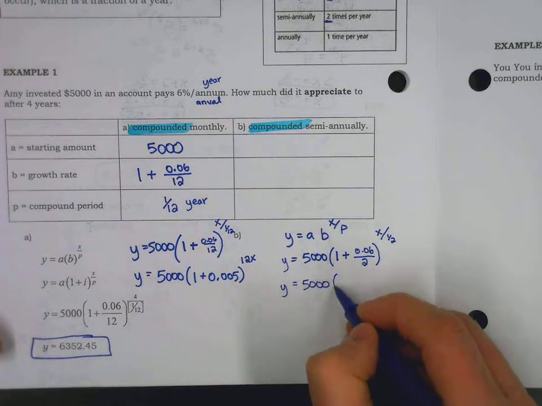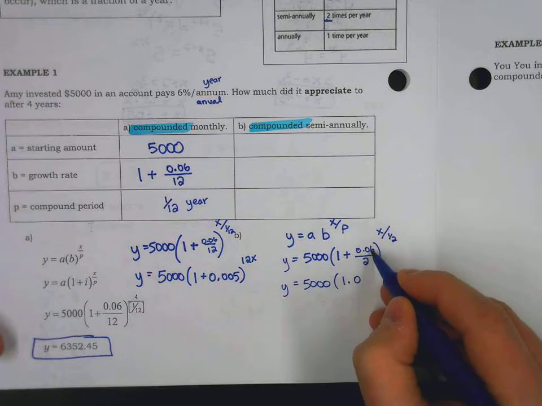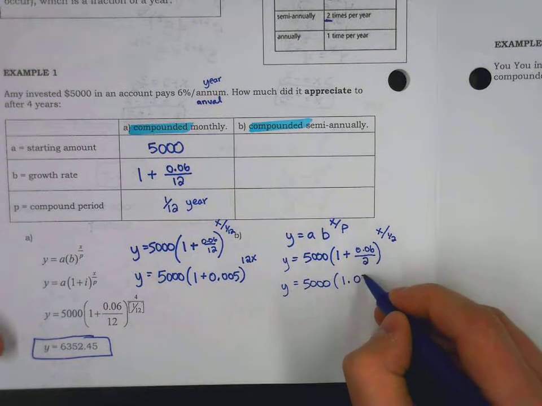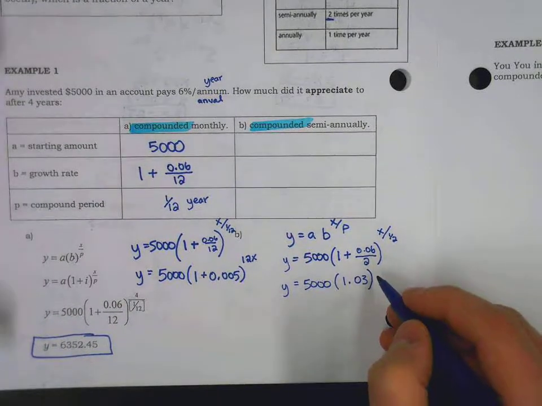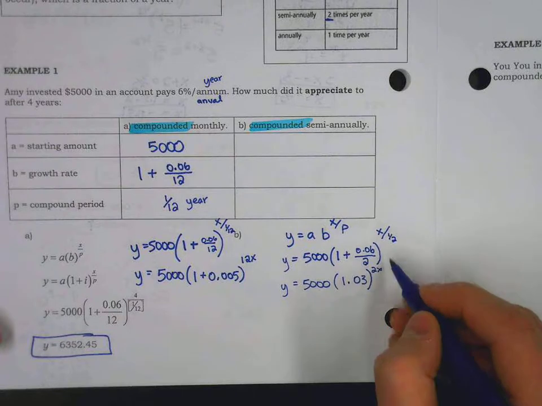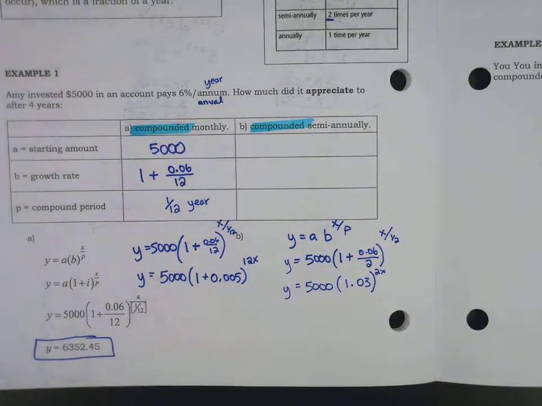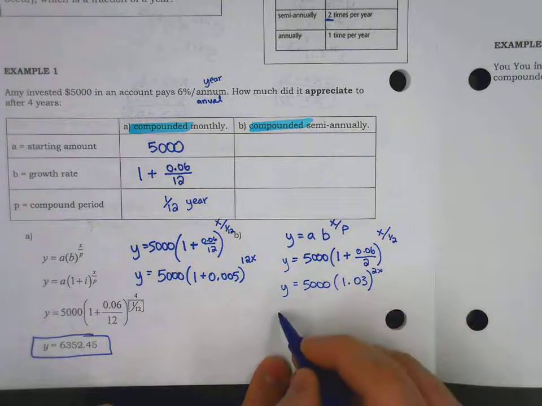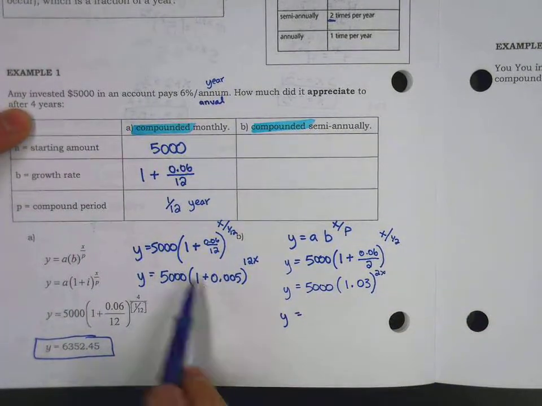So we've got $5,000 as our starting amount. We're going to be growing by 6% divided by 2, so 3% in this half year, and we're going to be dealing with x divided by a half, or 2x, as our final equation.